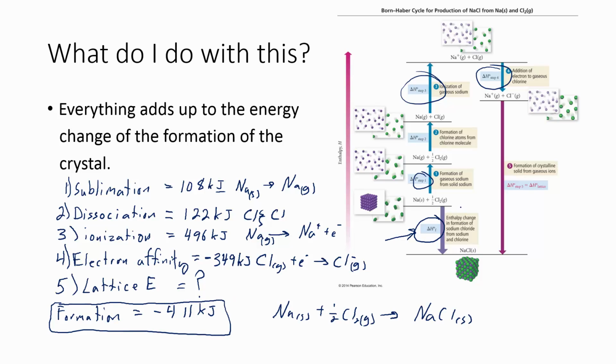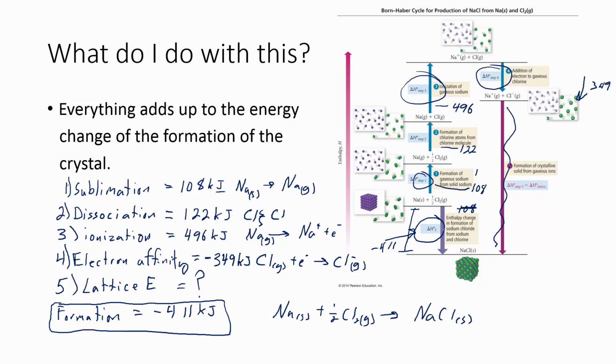So this 108, and then we go up by another 122, and go up by 496, and then go back down a little bit by about 349, and then how much must this be if this space here is negative 411? Okay, so we're going to calculate that all out.